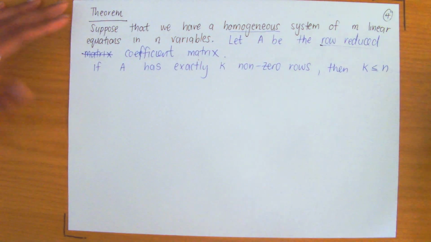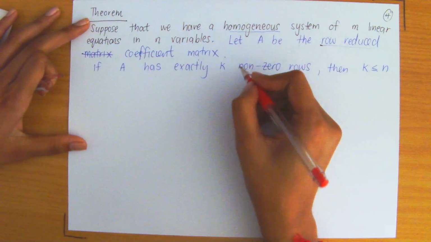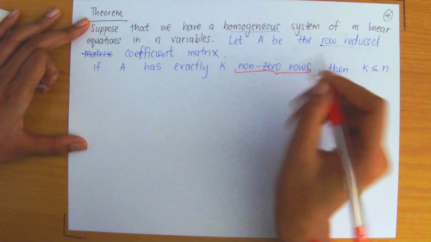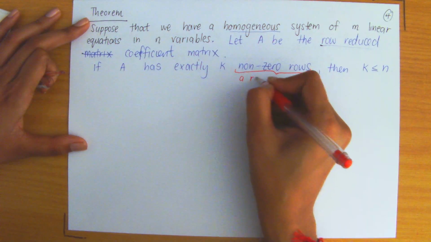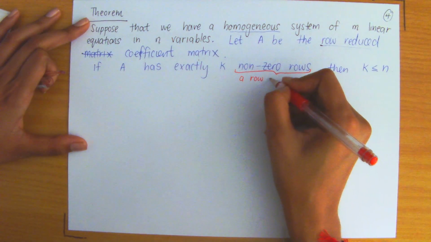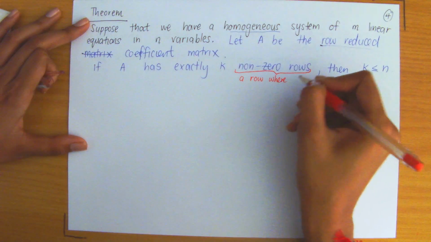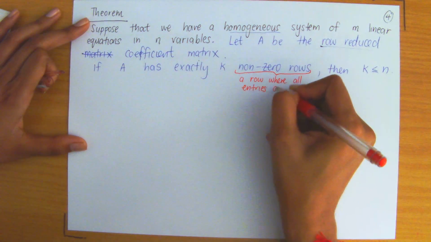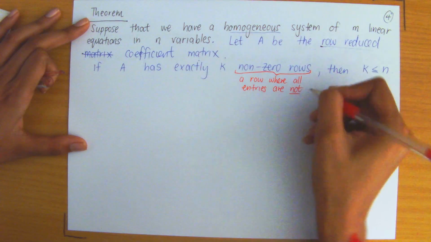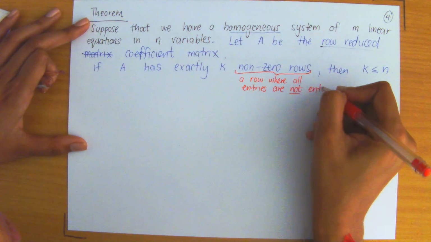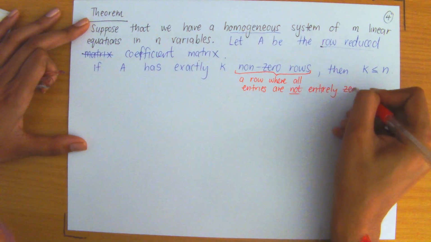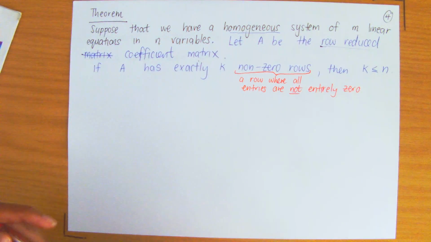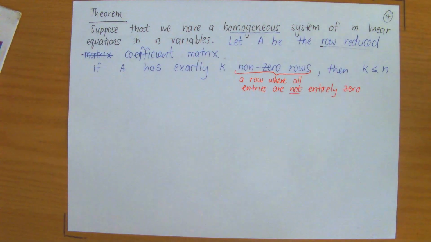So just to be clear about what non-zero means, it's exactly what you would expect it to be. A non-zero row is a row where all entries are not entirely zero. So at least one entry in the row is not going to be 0. Maybe there was an entry of 6. Right, so that's clearly not 0.